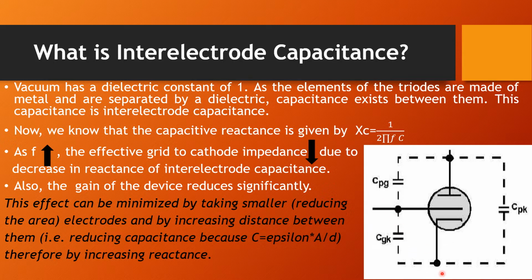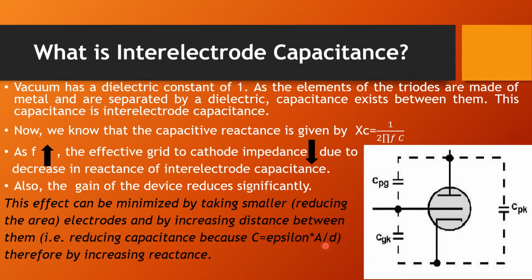If you increase the distance, the capacitance will decrease, because the capacitance of the device is equal to epsilon A upon D, where D is the distance between the plates of the capacitor, C is the capacitance, A is the area of the plates, and epsilon is the constant.